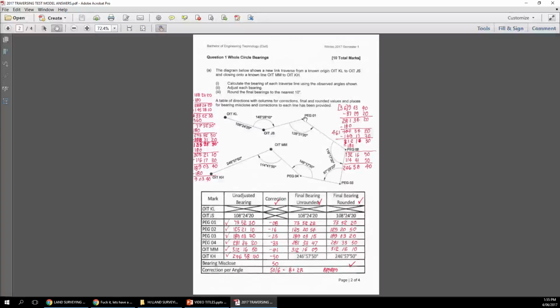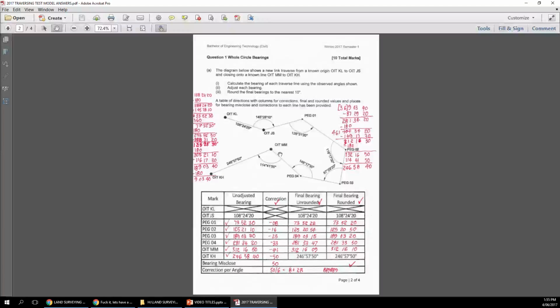Coming back down this way, of course, is 253.52.30. So we set that. Remember, we must set the legs of the angle going away from you. Now, once again, this one here is going anti-clockwise, so that one is subtracted.